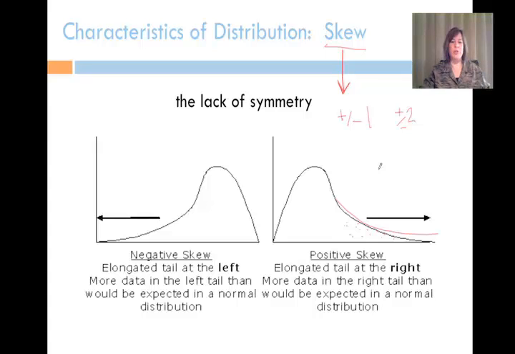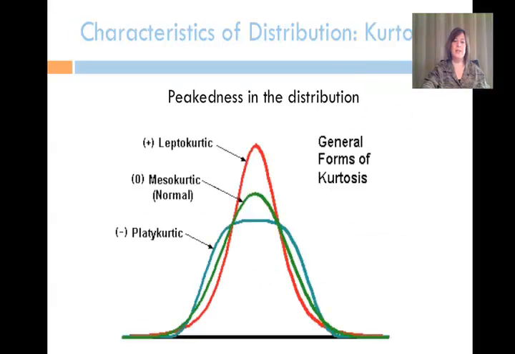Another distribution characteristic is kurtosis. So we have skew and kurtosis. And kurtosis is the measure of peakedness of a distribution.